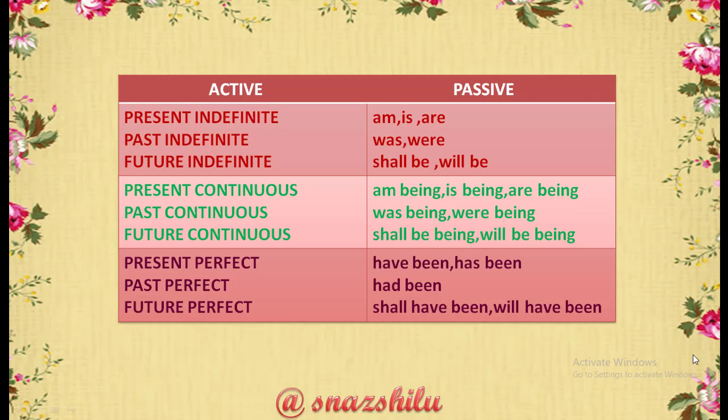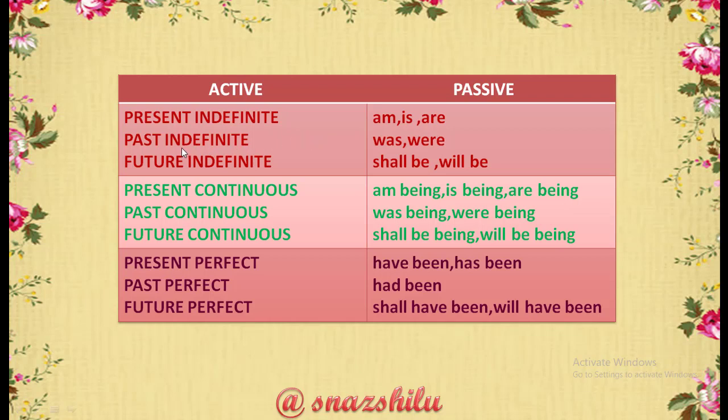Students, listen very carefully. If we get any sentence in present indefinite tense, then we will use the to be verb am, is, or are, and it depends upon the subject's person and number.